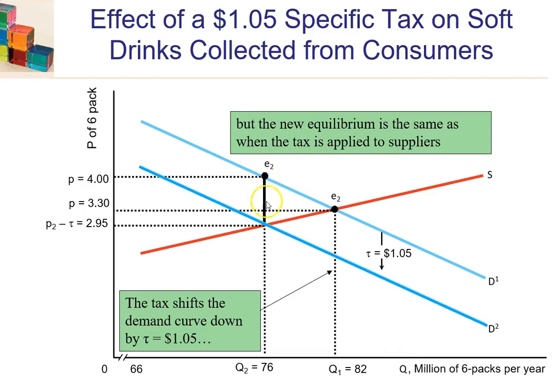So one way you can get the answer without shifting any curves is to use your original demand and supply curves and look for the vertical distance to the left of the equilibrium, which is the amount of the tax. In this case it is $1.05. If it were a smaller tax amount, say 55 cents, then it would lie somewhere in between these two. If it were a larger tax, it would be somewhere to the left of this E2 point.